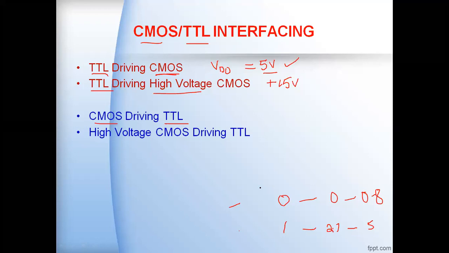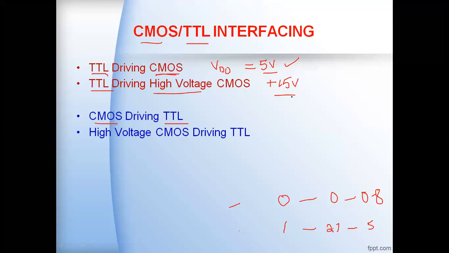According to that, you will have the logic values. And when we take the high voltage CMOS, the operating voltage will be up to 15 volts. It is up to 15 volts of the power supply.